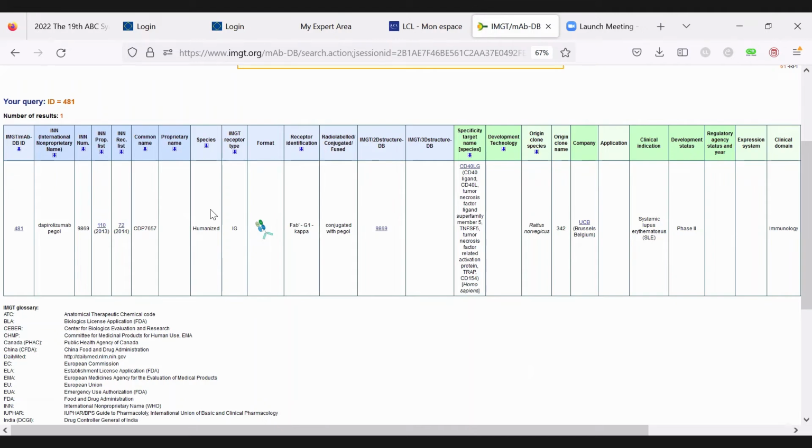And if we have time, this will be the very last project that we'll work on: the humanization of an antibody. So basically, imagine that we have a mouse that has been affected by an antigen, and it has developed antibodies. We realize that they are extremely efficient against this antigen.